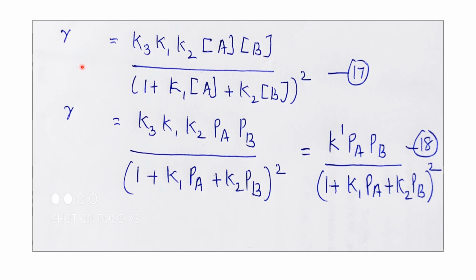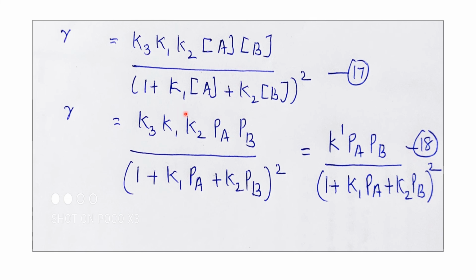Substituting for theta A and theta B in equation 1, the rate of reaction becomes R equal to K3 K1 K2 concentration of A into concentration of B divided by (1 plus K1 into concentration of A plus K2 into concentration of B) the whole square.